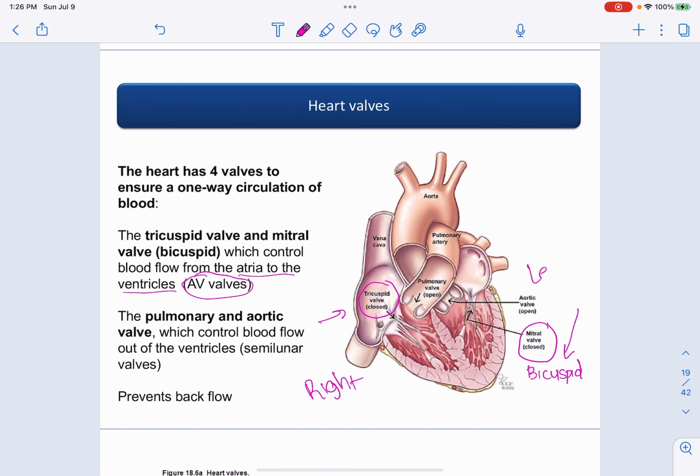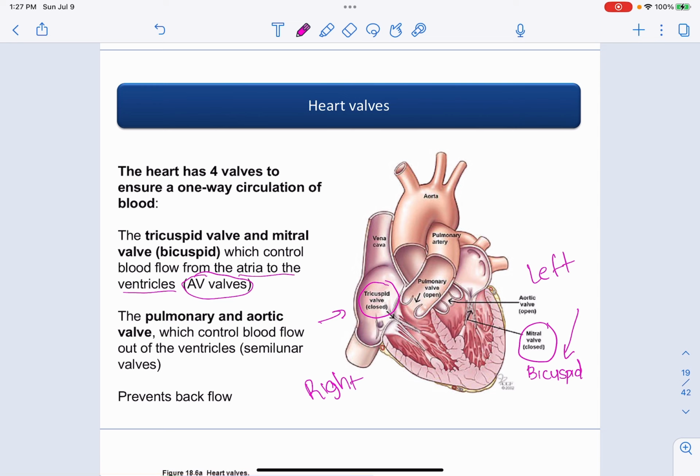The bicuspid is on the left side. It is important, though, since you are going to be entering the clinical field, to understand that there are other terms. So they are called the atrioventricular valves as a group. And then the tricuspid is on the right side, and the bicuspid or mitral valve is on the left side.